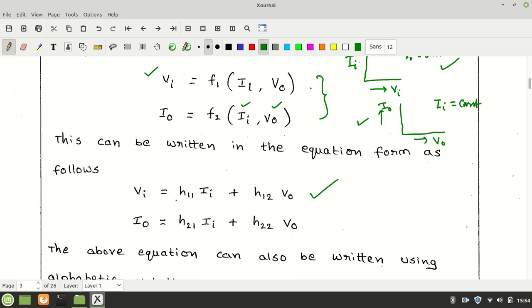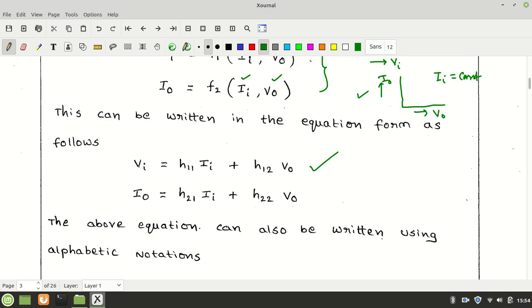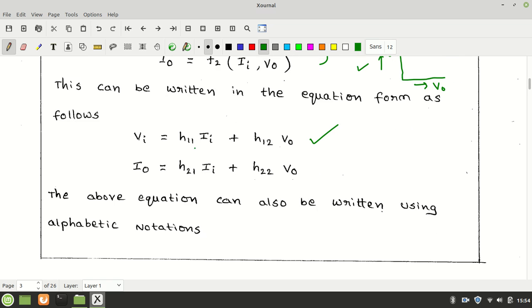So VI is equal to some coefficient into II plus some coefficient into VO, and similarly IO is written, and you can see those coefficients are written as H11, H12, H21, H22, in the sense that it can be written as simultaneous linear equations, so they can be written in the matrix form.